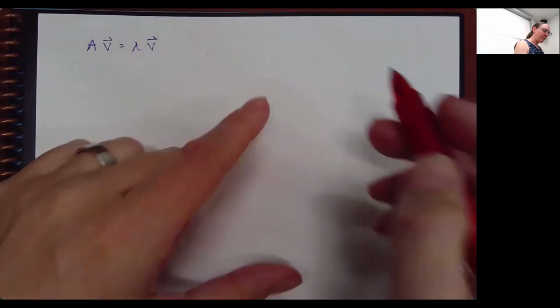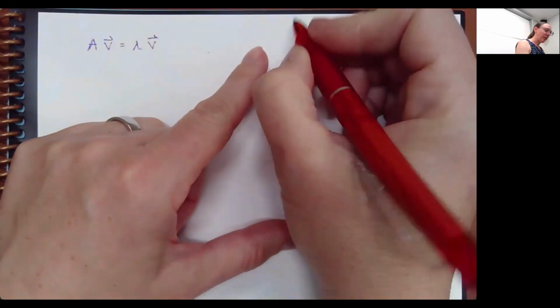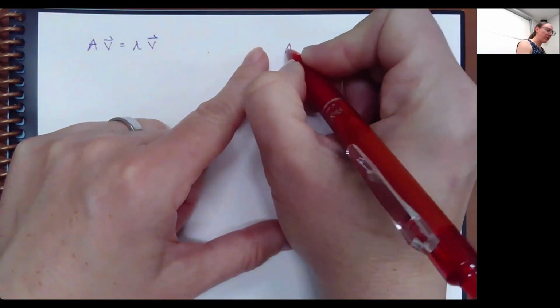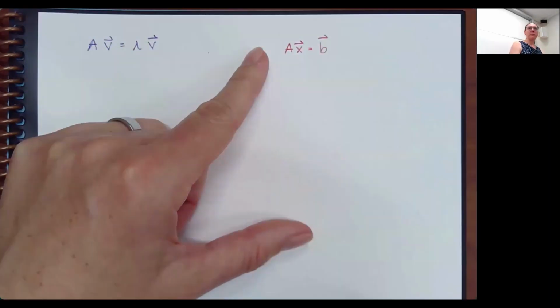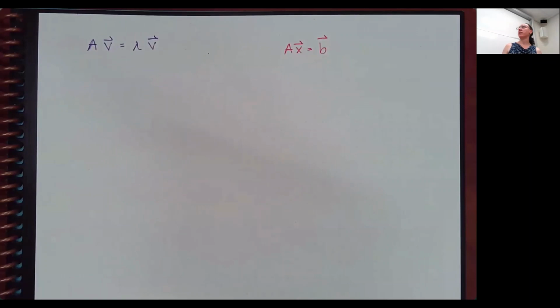Thinking back to 19b for a second, we got some practice solving equations that looked like a matrix times a vector equals another vector. And we had a couple options for solving that. One option was that we were going to create an augmented matrix and get it in row reduced form.